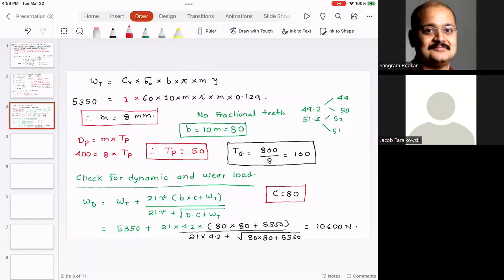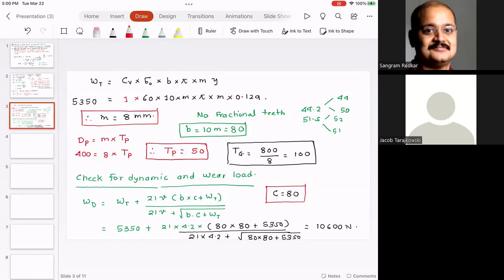I got 4.7. 4.7. 8 is bigger than 4.7, so design is safe. Just check my calculations and see if I made a mistake. I also got 4.7. Okay, I'm not going crazy. It still works. It's still safe.